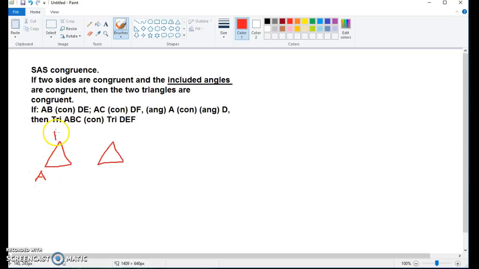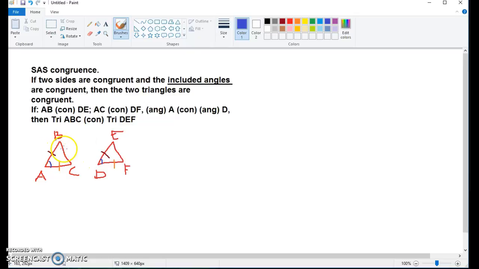Here's angle A, B, C, D, E, and F. So if, what do I say, AB is congruent to DE, and AC is congruent to DF, and this middle angle, angle A and angle D, then these two are congruent.